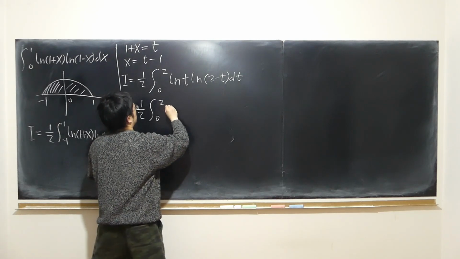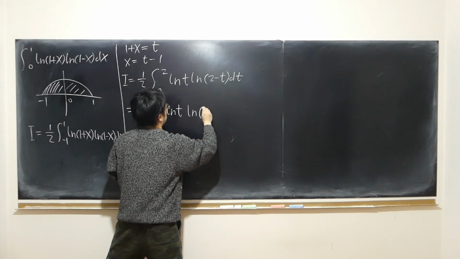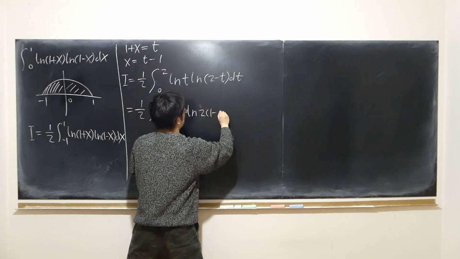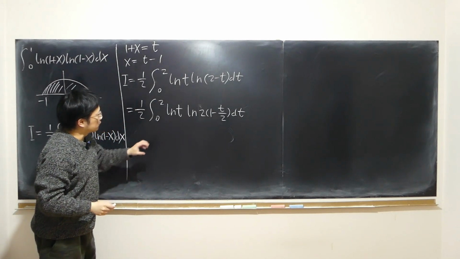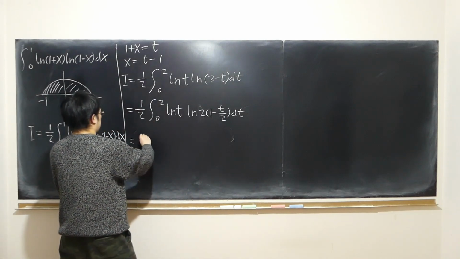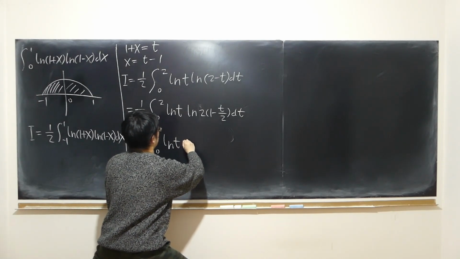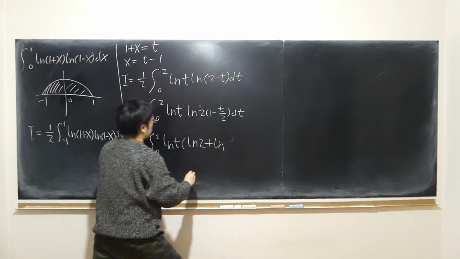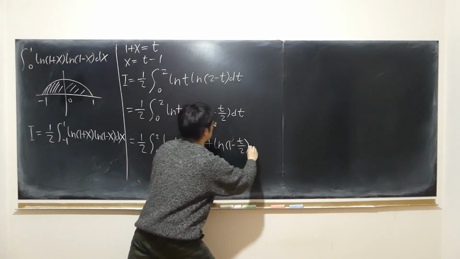By extracting 2, we have log 2 times (1 minus half t). Then we can just split this logarithm: log t times, first of all, log 2, plus the other log(1 minus half t) dt.